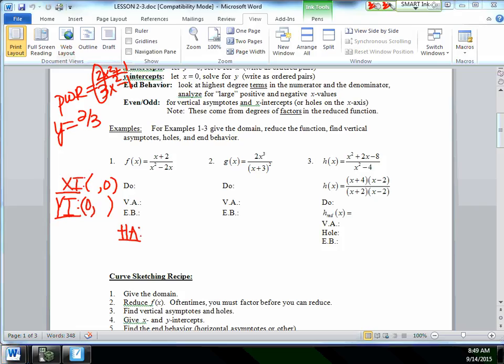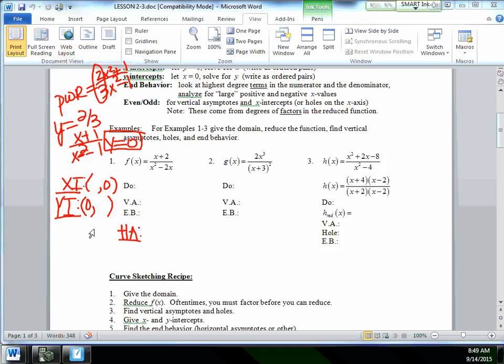If the power is greater in the bottom, for example, x plus 1 over x squared minus 1, so notice I created one that also has a hole. This is greater down here, so that means the bottom's growing faster than the top. So whenever that's the case, the horizontal is always at y equals 0.